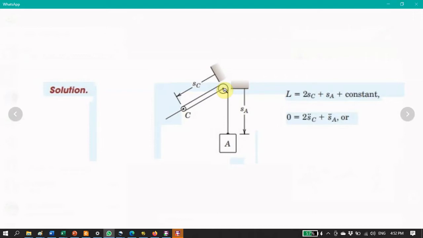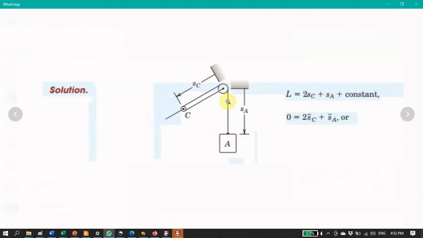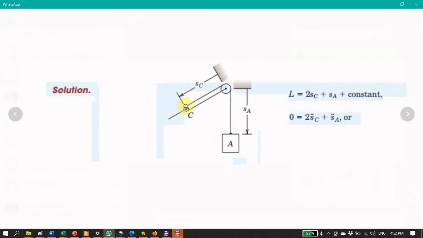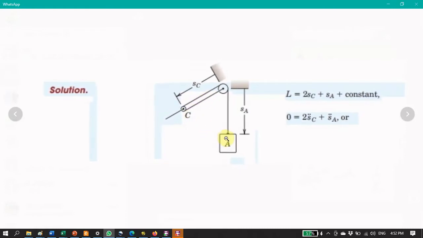From the length, we have the sC value, and then the distance of the pulley block up to the stationary pulley, and we have constant values because there is a cable that wraps around. In order for us to evaluate the accelerations along the s coordinate, the path coordinate system, we have 2sC, the acceleration of pulley C and the acceleration of the concrete block.